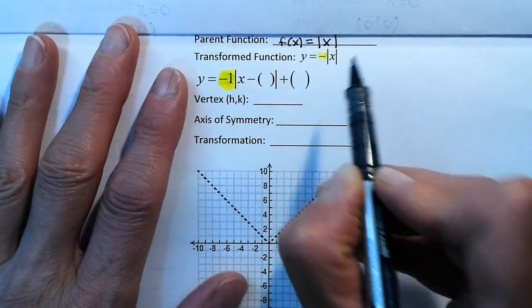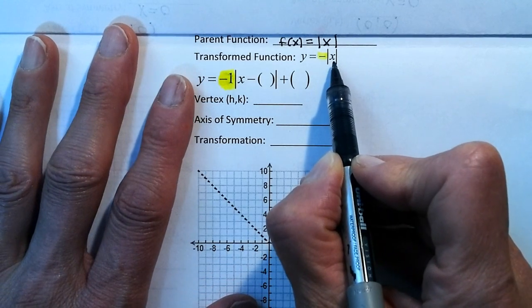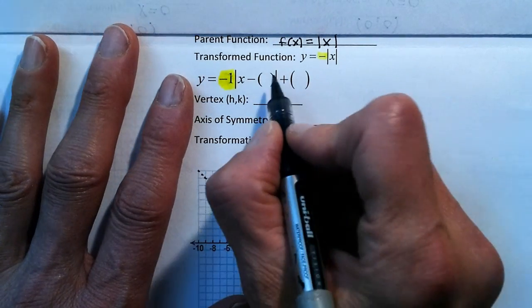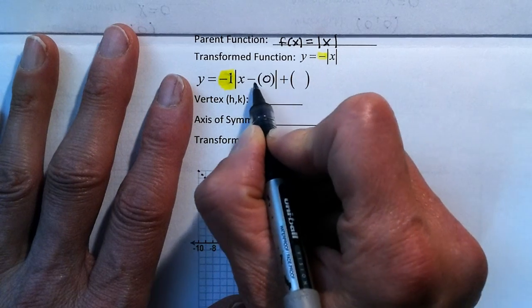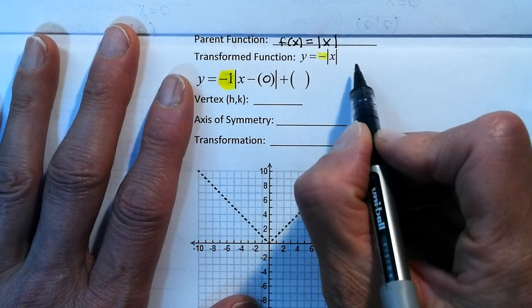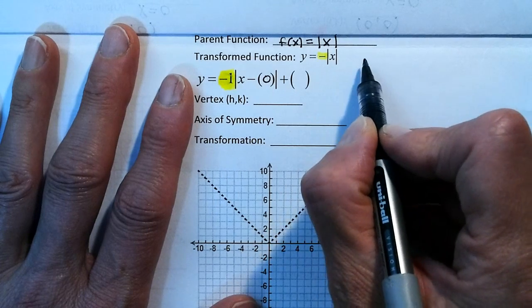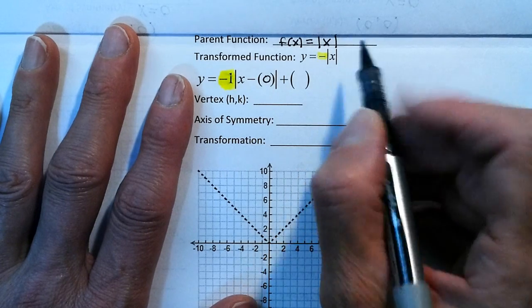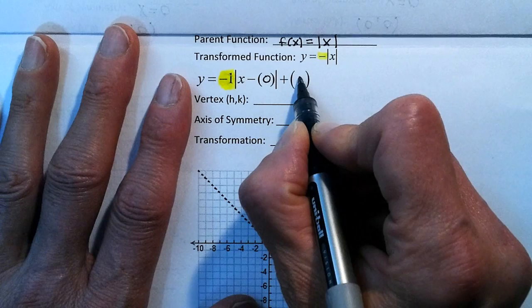When I look inside the absolute value, nothing is being added or subtracted from that x. When I look outside the absolute value, nothing is being added or subtracted either.